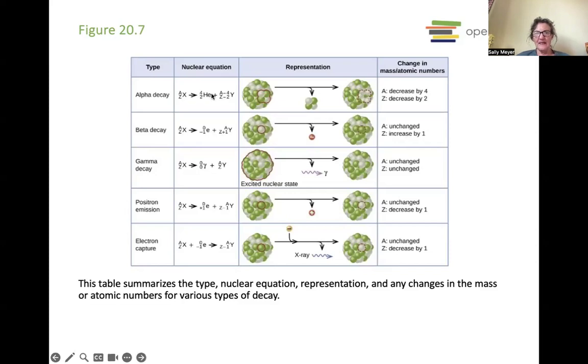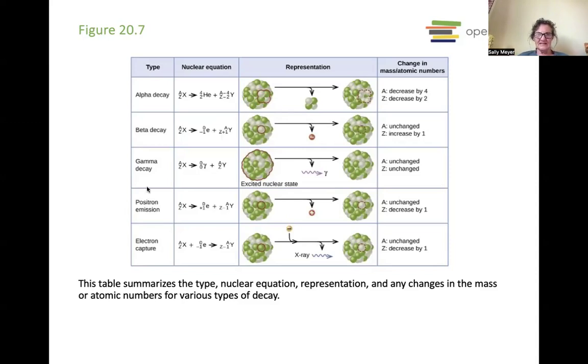So 4 plus A minus 4 equals A, and 2 plus Z minus 2 equals the same Z. In this case, A on the left-hand side equals 0 plus A, and Z on the left-hand side equals -1 plus Z plus 1. So in each of these cases, we can't balance the elements like we did with chemical reactions, but we can also always balance the mass number and the atomic number.